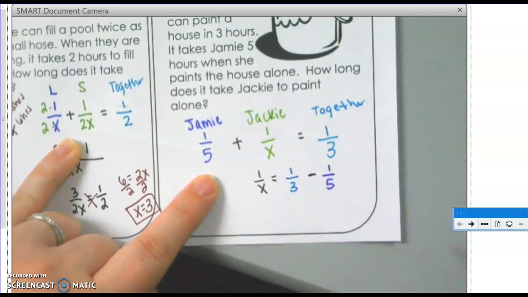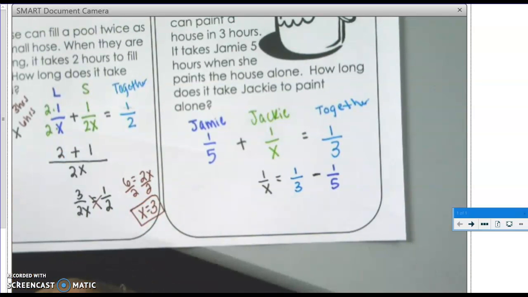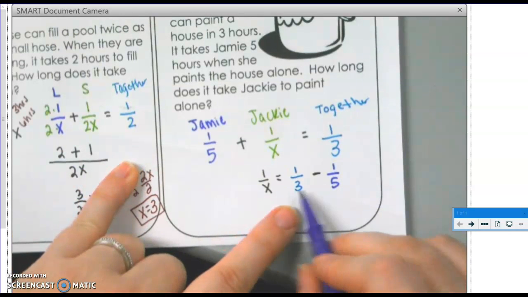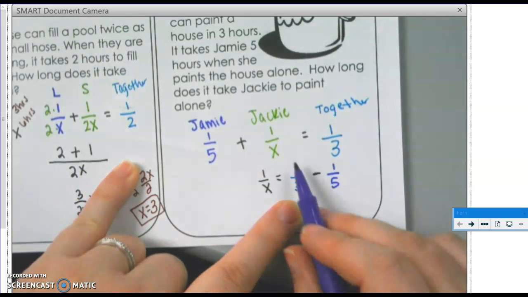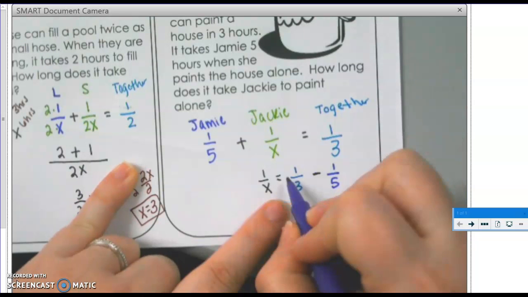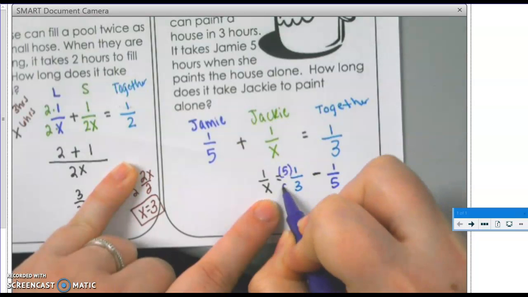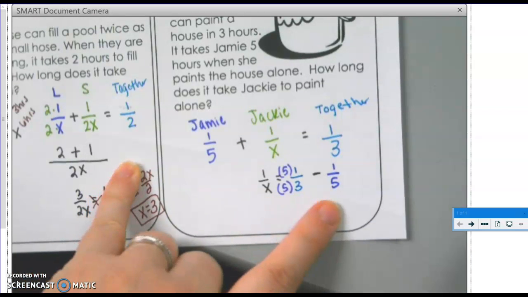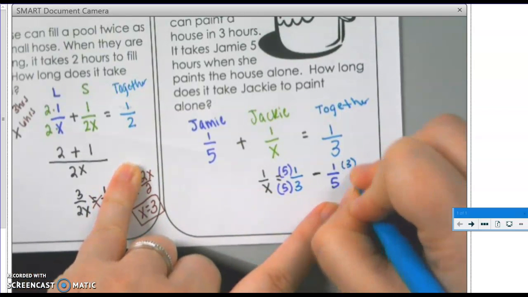I need to take their together amount minus the one person that I know what their alone amount is. All right, so same thing, I want a common denominator. So I'm going to multiply this side by 5. I'm going to multiply this side by 3.